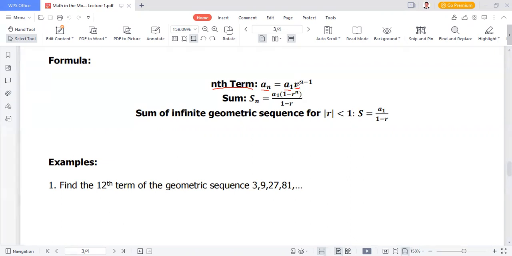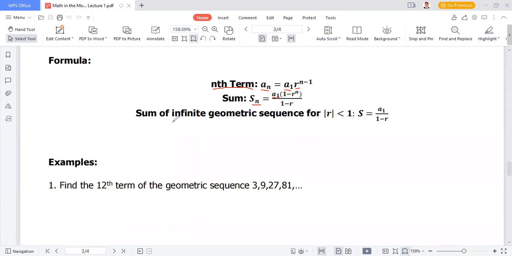So, a sub 1 r raised to n minus 1. So, ito yung gagamitin natin formula. For the sum naman, ng s sub n is a sub 1 sa numerator, and then 1 minus r raised to n all over 1 minus r. And then, yan ay sum ng finite, okay, sa s sub n.